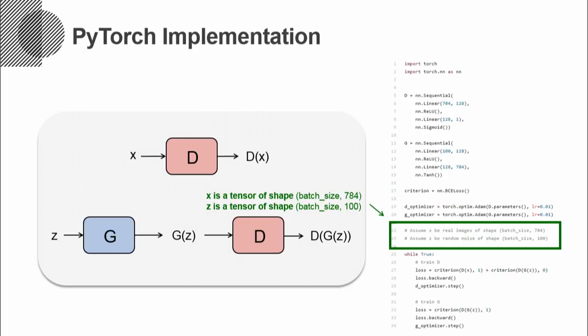Suppose we pick maybe 32 real images, and our X, which will form our real set of real images, will be a batch of 32 images as 784-dimensional vectors. And then we can also form the fake image side of 32 of 100-dimensional latent vectors that will be used as an input to this generator network.